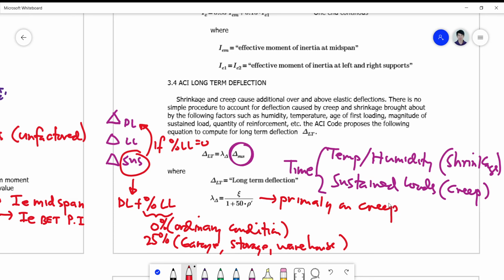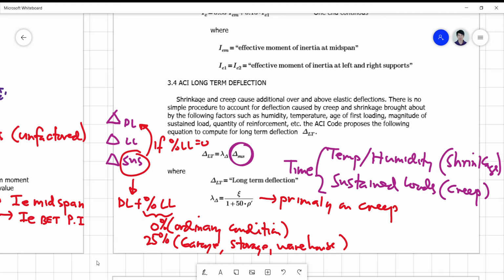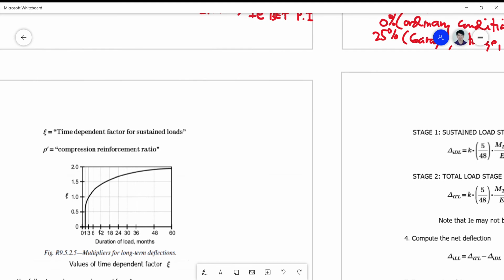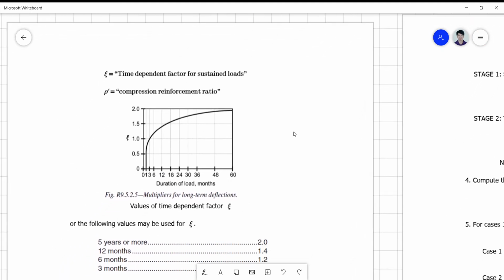Okay, although some authors tell us that the consideration for shrinkage is already there, still, if you look into the formula, it's all about the xi factor, which is brought about by the graph shown here.